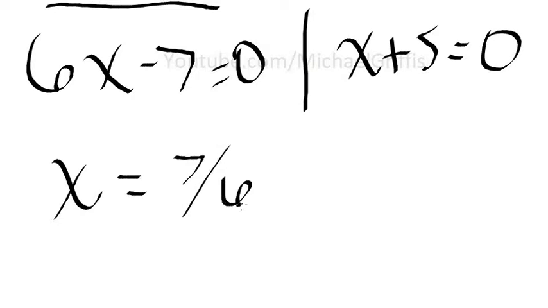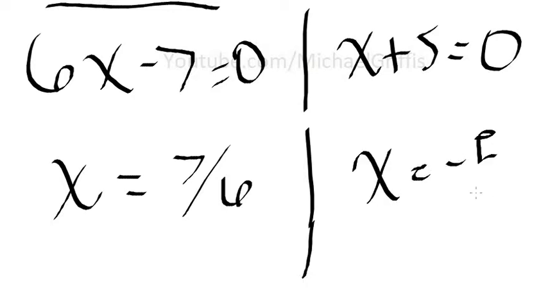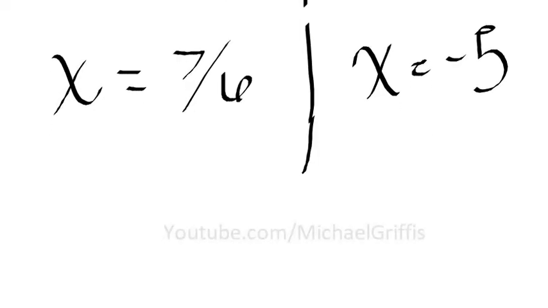Add 7 to both sides and multiply both sides by the reciprocal of 6, which is 1/6. And then x is equal to, obviously, negative 5. All right, so our solution set is 7/6.